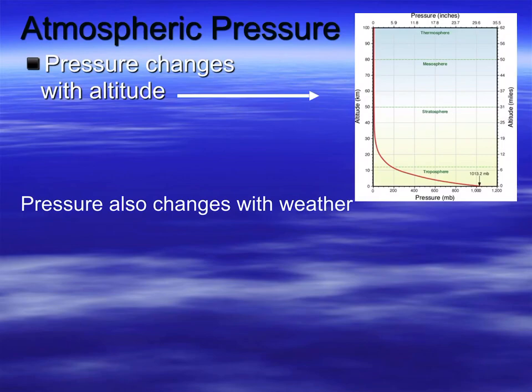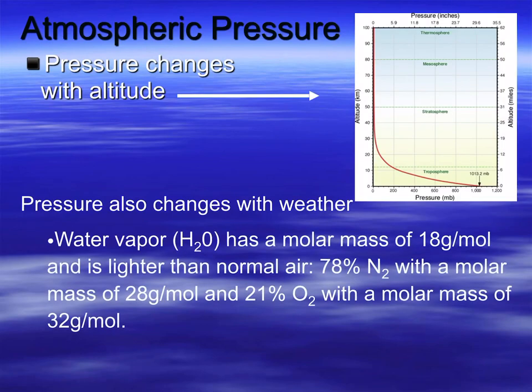It can also change with weather, and this is why you hear in the weather they talk about the air pressure is rising or the air pressure is lowering, and they'll say the barometer is rising, the barometer is lowering, and it basically tells us about weather changes.